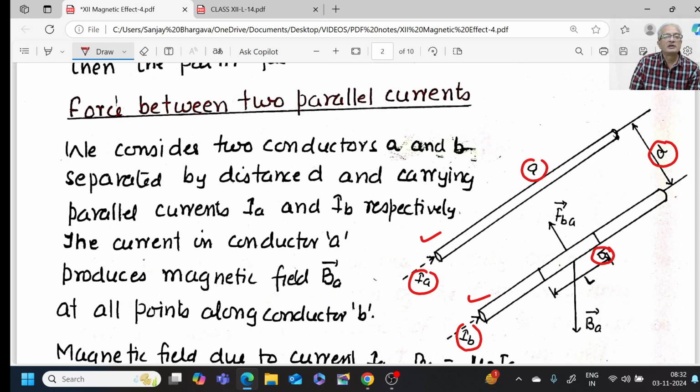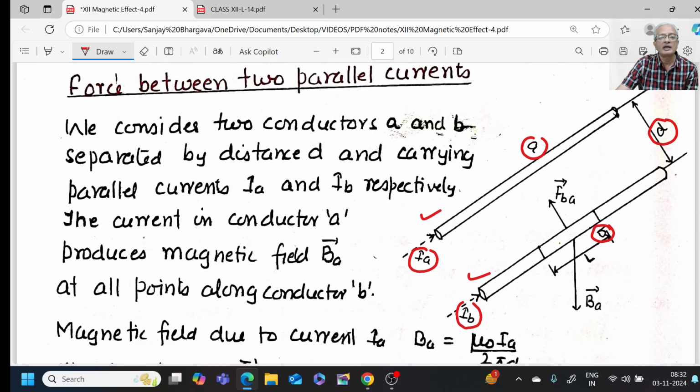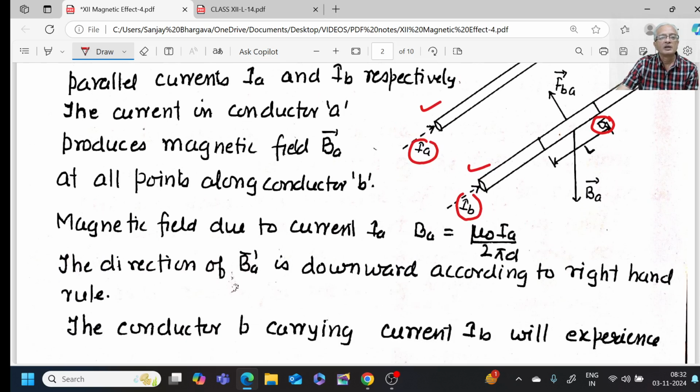So let us read. We consider two conductors A and B separated by a distance d carrying parallel currents IA and IB respectively. The current in conductor A produces magnetic field BA at all points along the conductor B. That is, I can imagine that the conductor B carrying a current IB is placed in the magnetic field produced by the first conductor.